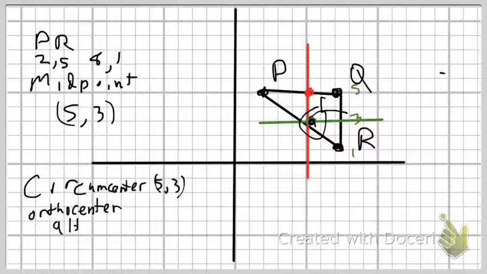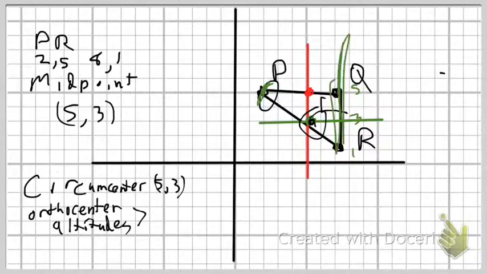Now remember, if you can, what we did in talking about the orthocenter. The orthocenter connects the altitudes. The altitudes are the line segments going from a vertex, so we've got P right there, to the line opposite.